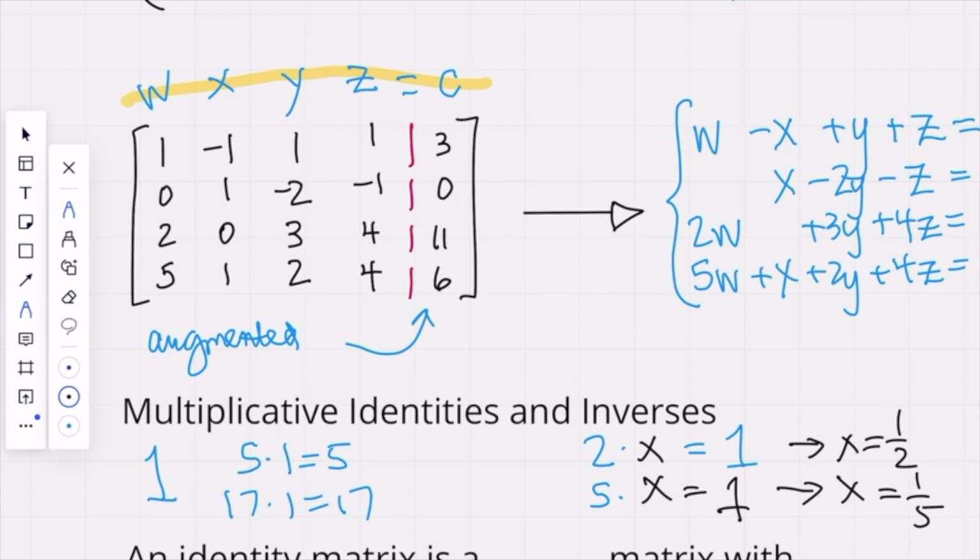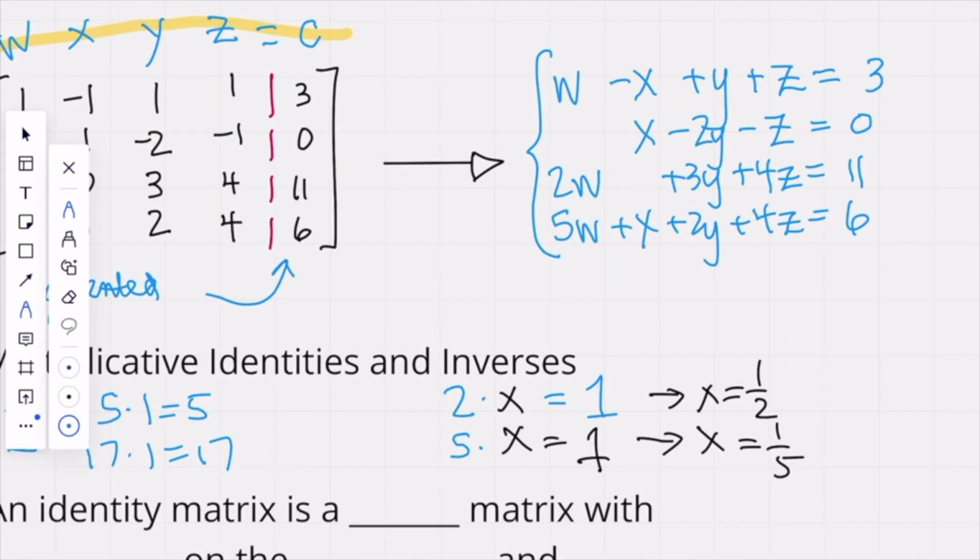And let's just do one more. 4/3 times what number is going to equal 1? And you remember how you're going to do this? You're going to multiply by the reciprocal, right? And you're going to end up with x is equal to 3/4. So we can look at this and say, well, 2 times 1/2 is going to give me that 1. 5 times 1/5 is going to give me that 1. 4/3 times 3/4 is going to equal the 1.